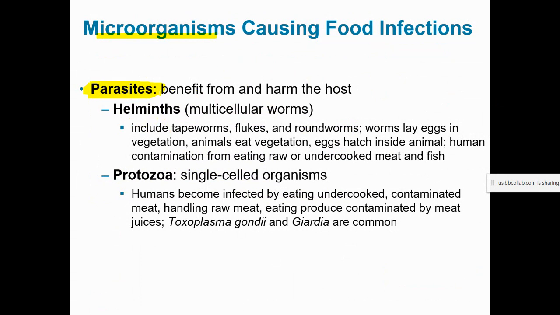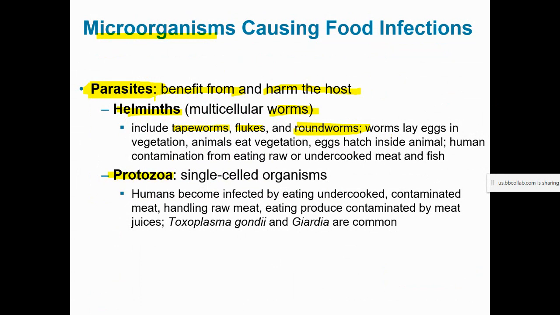These are microorganisms that live in a host and often benefit from the host while causing harm to the host, right? So two examples on this slide, we have helminths, which are like worms. You might be familiar with tapeworms and roundworms. Flukes would be another example. And then we also have protozoa.